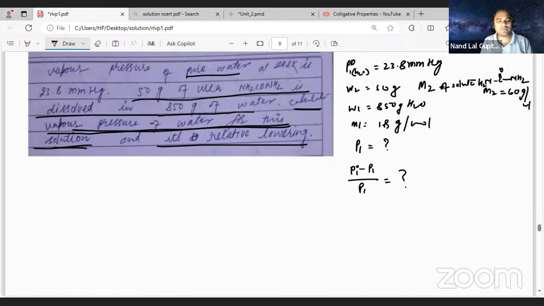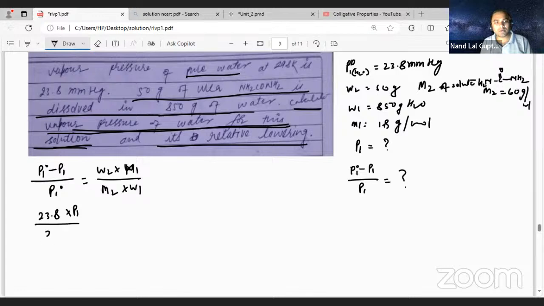(P1 naught minus P1) upon P1 naught is equal to W2 into M1 divided by M2 into W1. P1 naught they have given, 23.8, minus P1 they are asking, P1 naught 23.8 as it is.